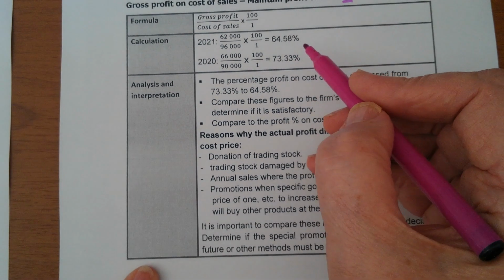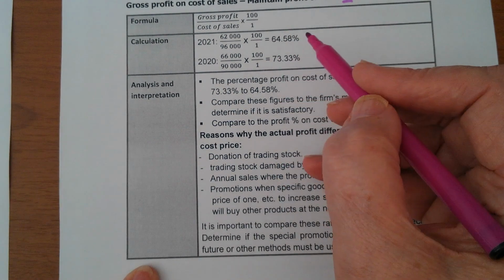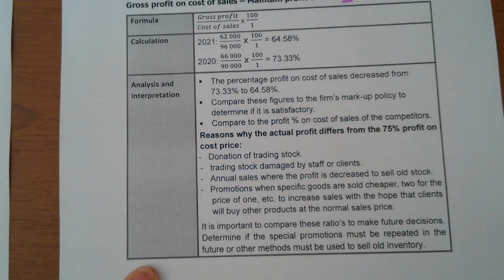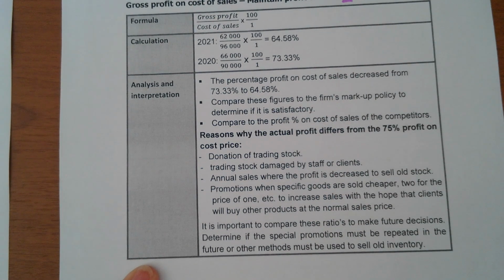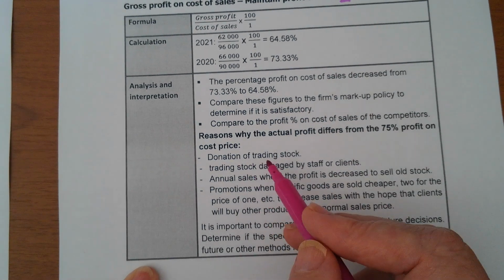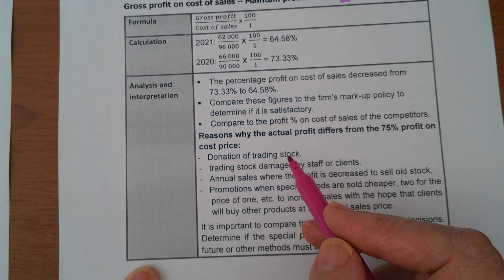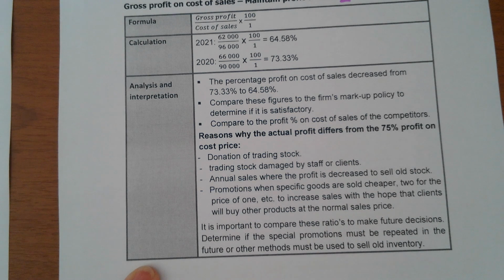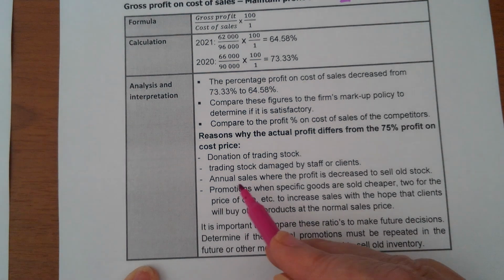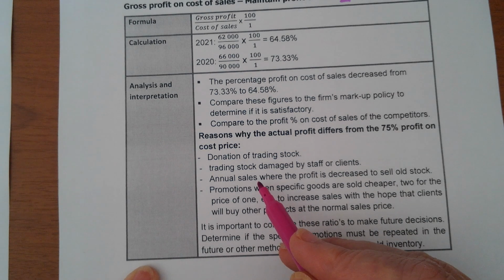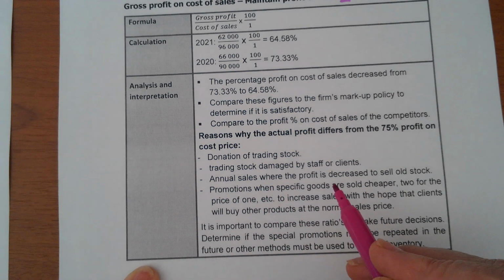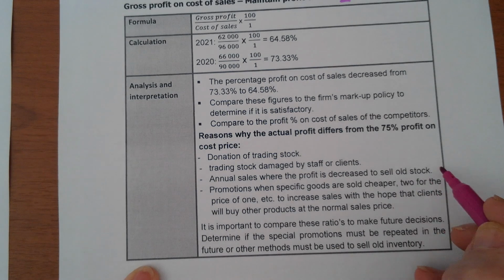And now I'm not satisfied because this profit decreased a lot. So I have to determine what was the result. I could have donated a lot of trading stock because the stock was old, or it was damaged by staff or clients, or the annual sale was held and decreased the profit because we sold a lot of old stock.